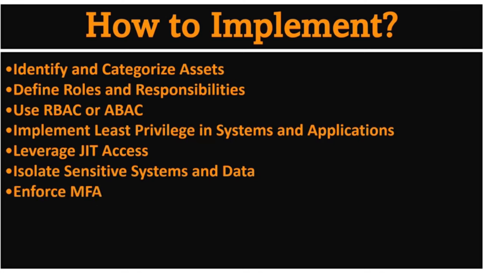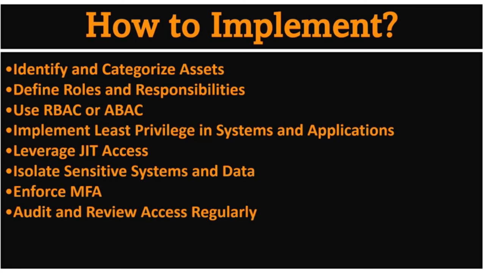Next is multi-factor authentication. This is to add an extra layer of security by requiring MFA for accessing sensitive systems or performing high-risk actions. Apply MFA selectively based on the sensitivity of the asset or data. Next is to perform regular audits to ensure users still require their assigned permissions.